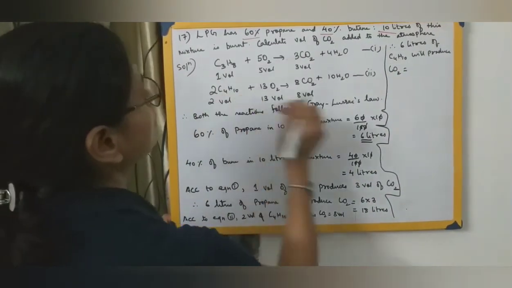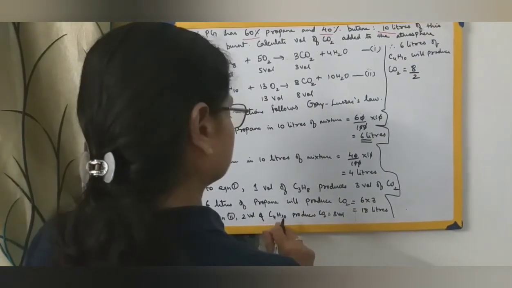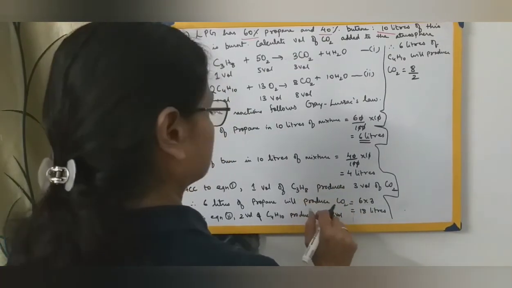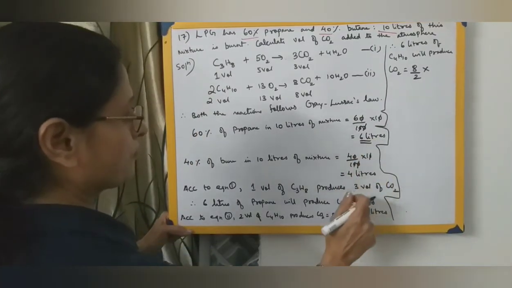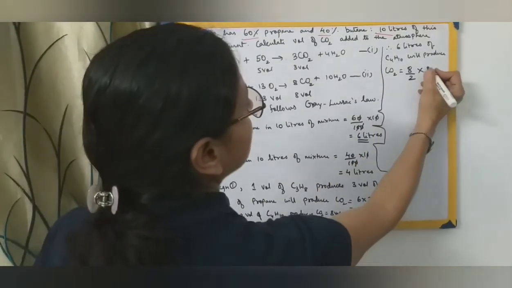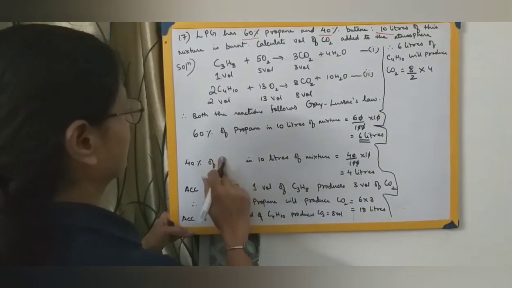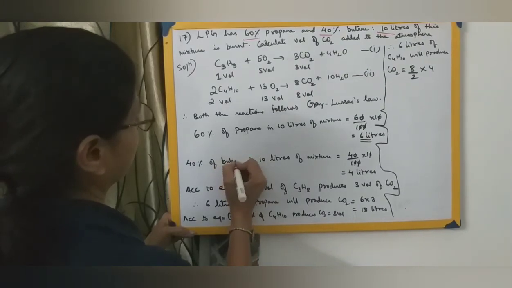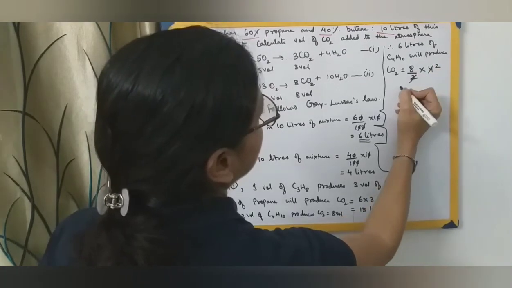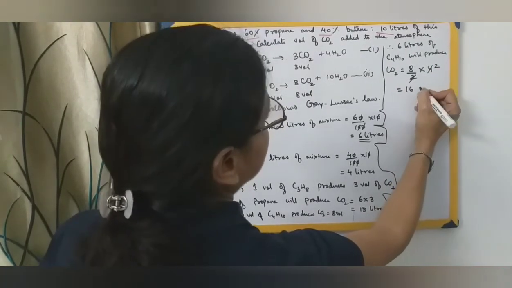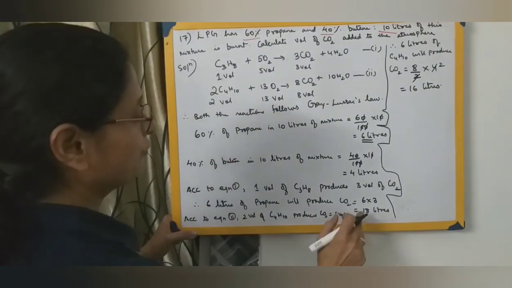That is 8 by 2 into this total, sorry, what is here? 4 over here. We have got this 40% of butane is 4 liters, so 8 by 2 into 4, that is 16 liters.